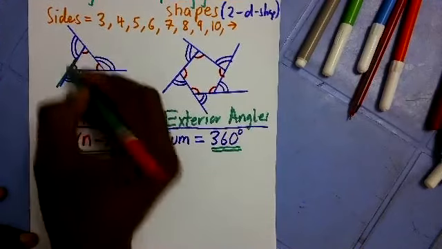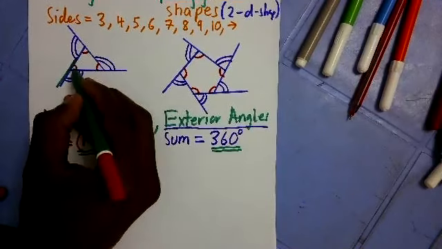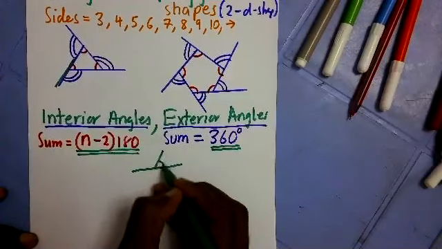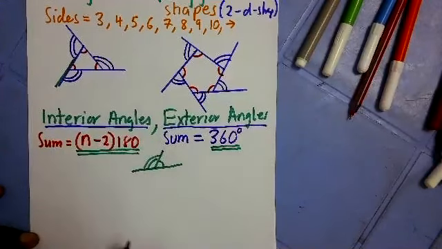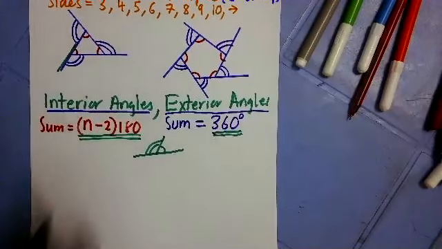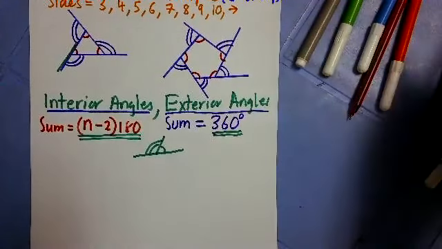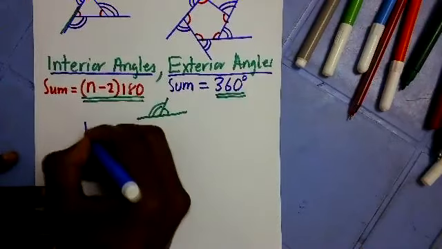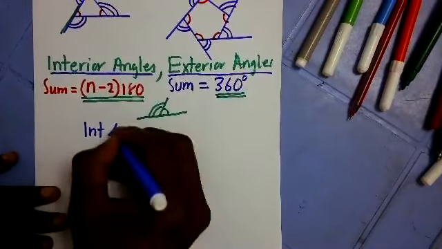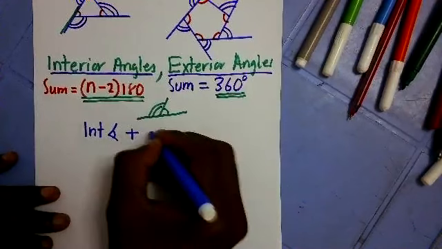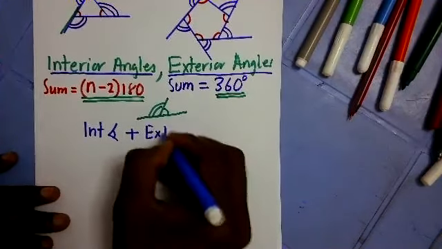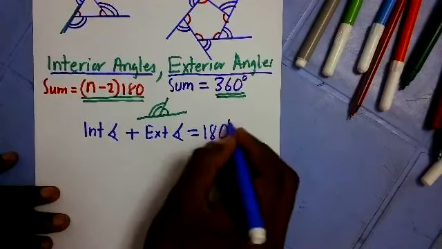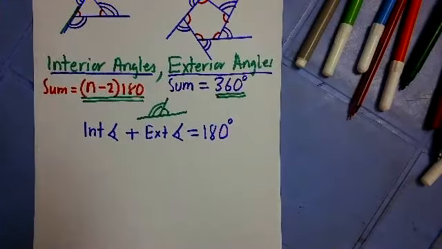You do realize that the interior angle and the exterior angle form 180 degrees. So basically, we shall add another rule that says interior angle plus exterior angle will always be equal to 180 degrees.